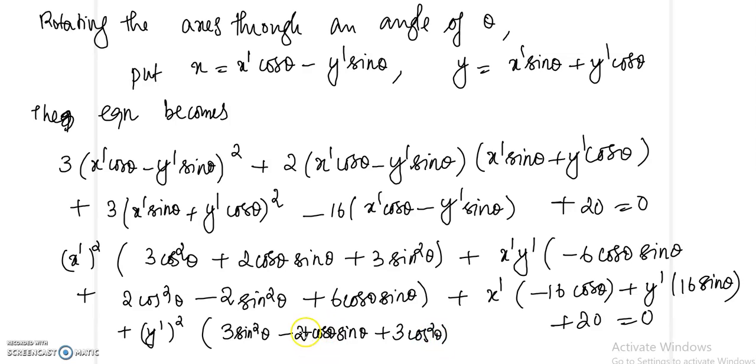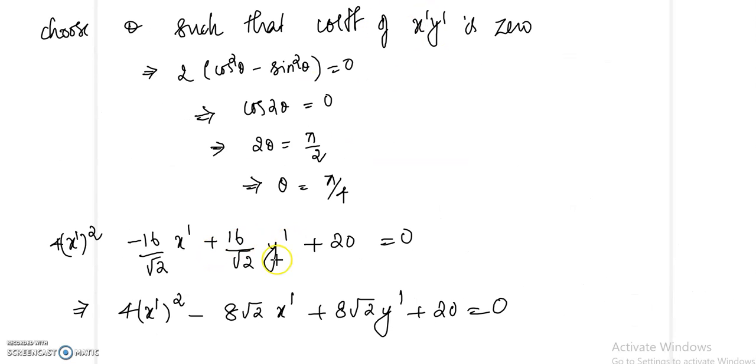Okay. Now substituting the theta value, you will get 3 minus 1 plus 1, that is 2 y dash square. So plus 2 y dash square.